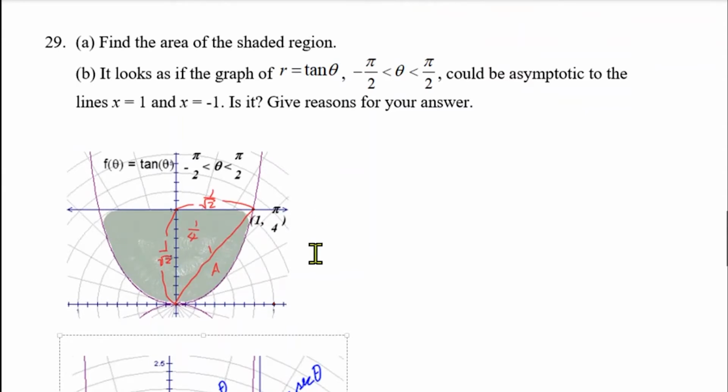Okay, let's do it. So in this picture, do we see that this is pi over 4 right here, the angle? Or do we need to calculate it? Do you want me to calculate why this angle is pi over 4? You got it? Okay, so this angle right there is pi over 4.